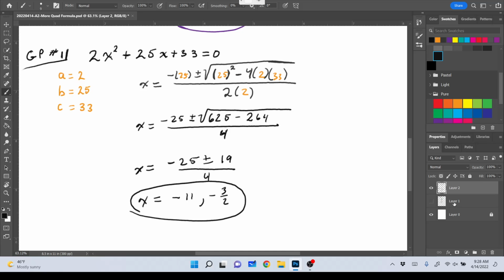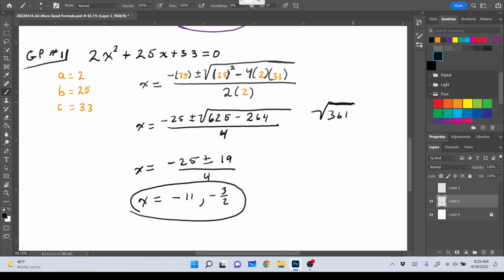Wait, how'd you get it down to just 19? Is that the part you kind of skipped over? Yeah, so when you do this, you end up with the square root of 361.